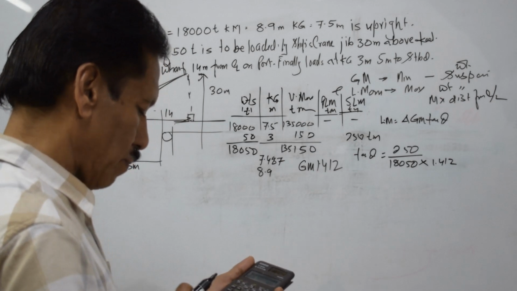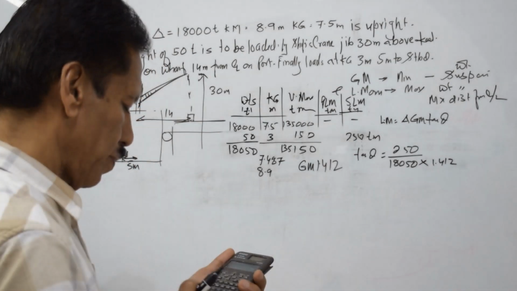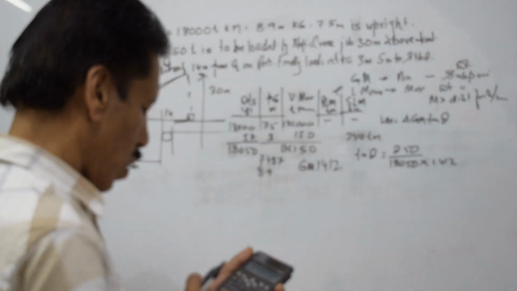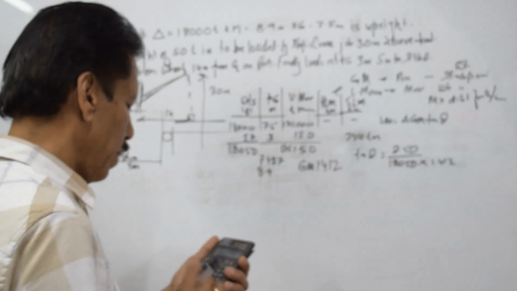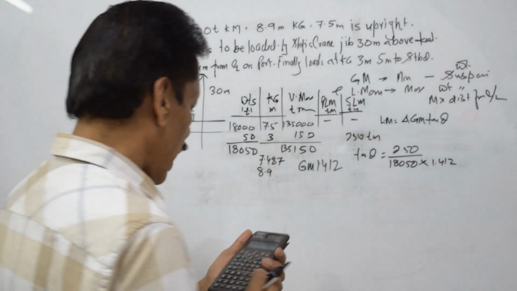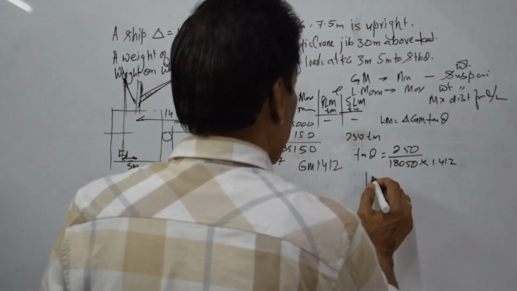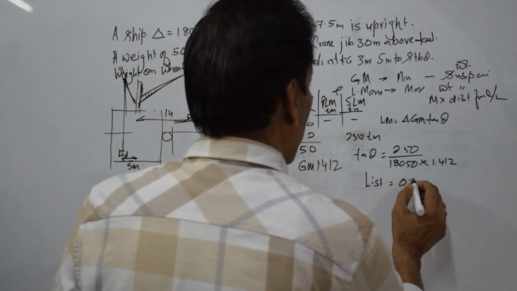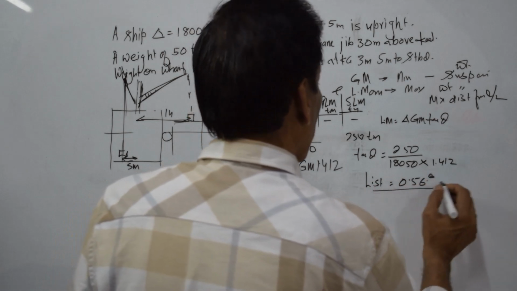So 250 divided by 18,050 divided by 1.412 gives me a list of 0.562 degrees. List 0.56 degrees to starboard.